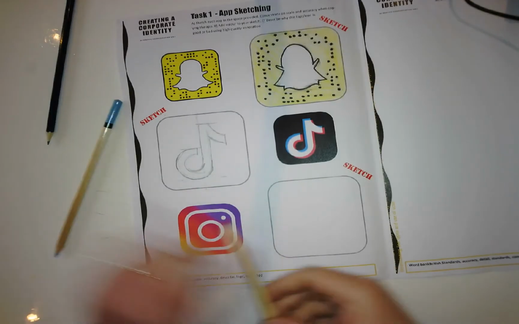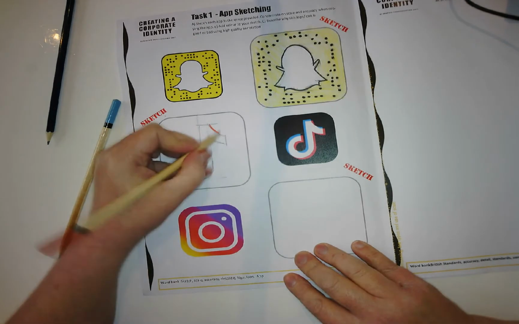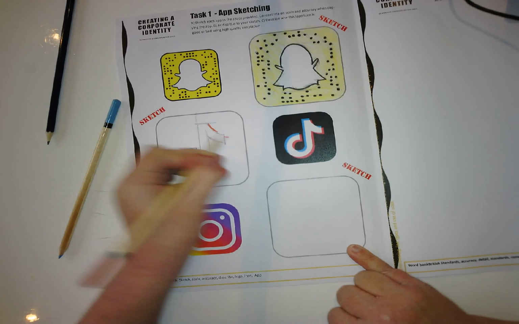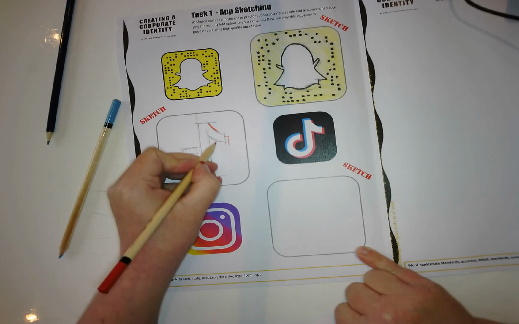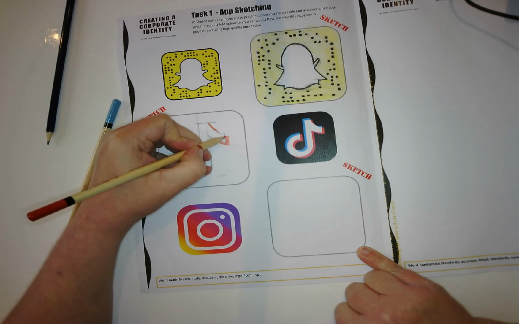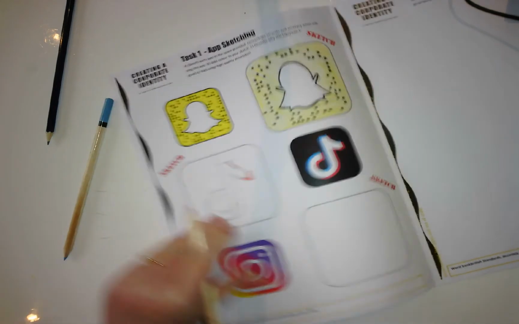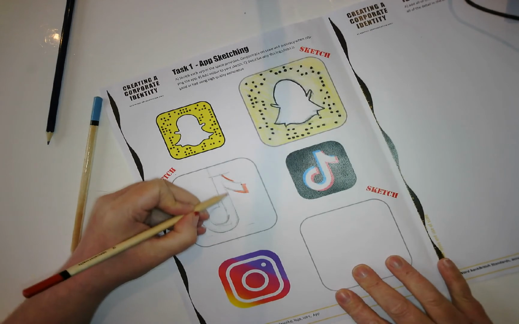So what I really want to do is try and replicate where their colours sort of come out around the shape of the TikTok logo. That is TikTok, I'm assuming.